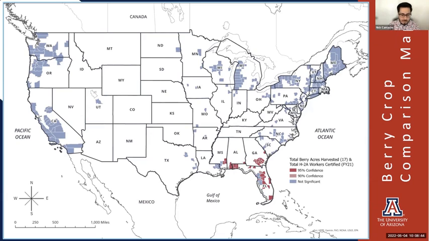Moving on to my third crop comparison map, with berries. This map identified a minor relationship between berry acre totals and certified H-2A workers with a collection of counties in the Southwest region of the US, combining for a total of 23,000 berry acres and 28,000 certified H-2A workers.